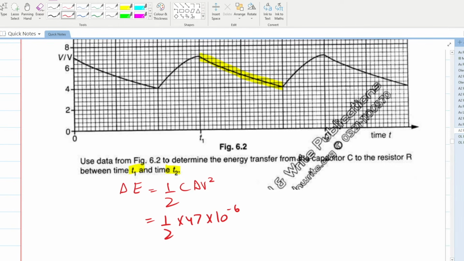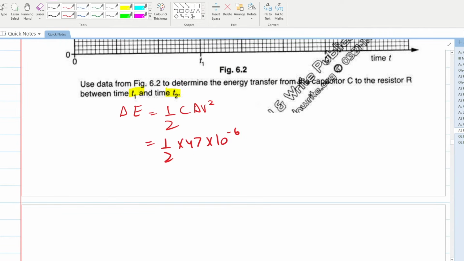So if we have 5 boxes between 2 units, तो 2.5 boxes किसके equal होगा? 1 unit के equal. This becomes 7 volts और डिस्चार्ज पे क्या वैल्यू आ रही है? 4 volts की. ओके तो इनिशियल वोल्टेज क्या हो जाएगा भाई? 7 का स्क्वायर. फाइनल वोल्टेज कितना हो जाएगा? 4 का स्क्वायर.